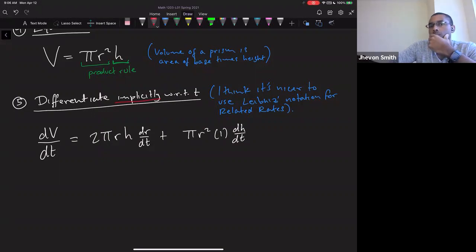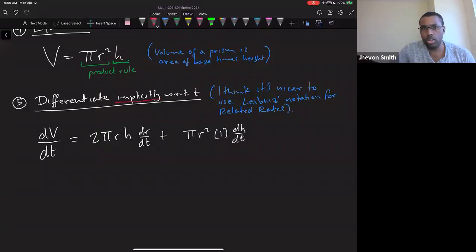So this is one situation in which I'd prefer you to say, oh, I should multiply by dr dt as opposed to r prime. Yes, they're the same thing, but I think it's nicer to think of it one way. There are times when that becomes very important, but that's like calculus 3. We don't really have to worry about it. Now we can just say prime this, prime that, and go about our lives. Eventually, calculus gets complicated enough where the Leibniz notation is really what you should use almost all the time.